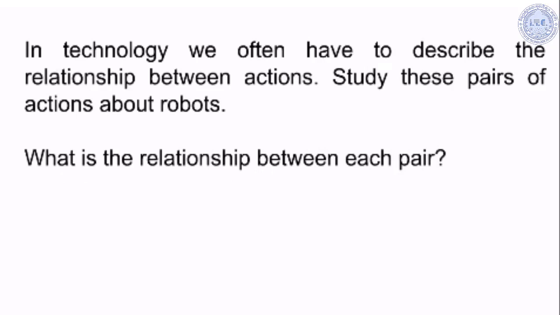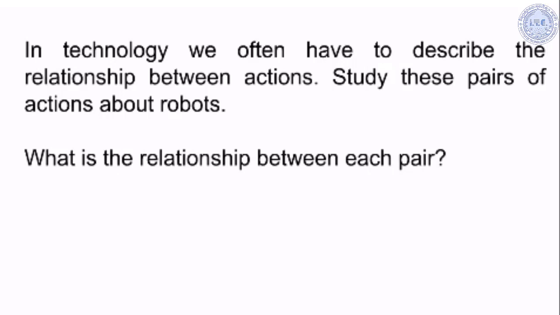In technology, we often have to describe the relationship between actions. Study these pairs of actions about robots. What is the relationship between each pair? So to be sure, in your field of technology, you have to study the actions.